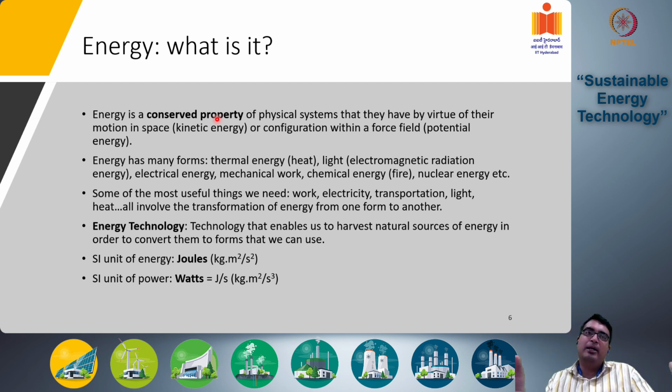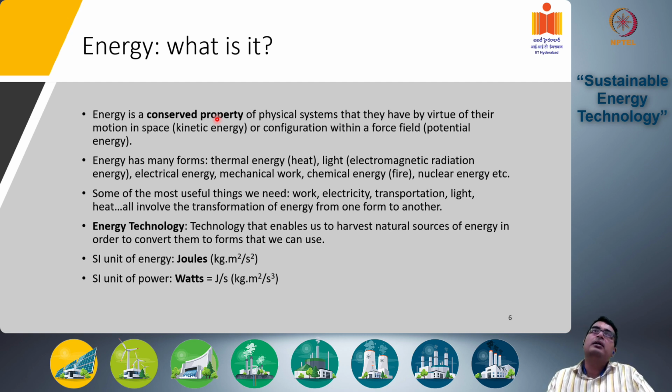So two fundamental types of energy exist in the world: kinetic energy, which is a property that the physical system has because of its motion through space, and potential energy, which is a property that physical systems have because of their configuration within a force field.